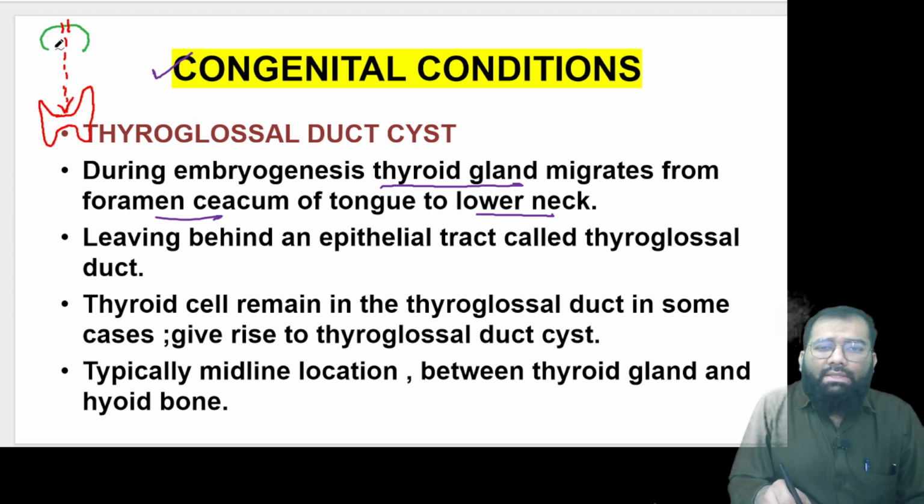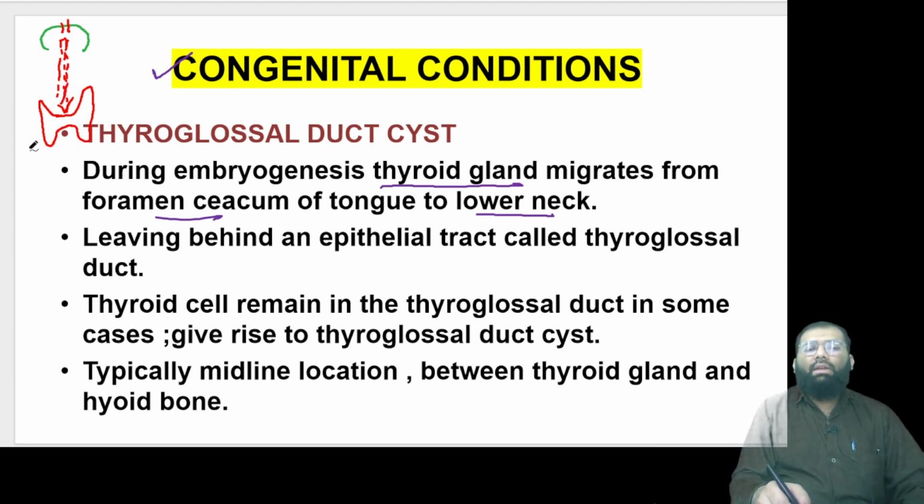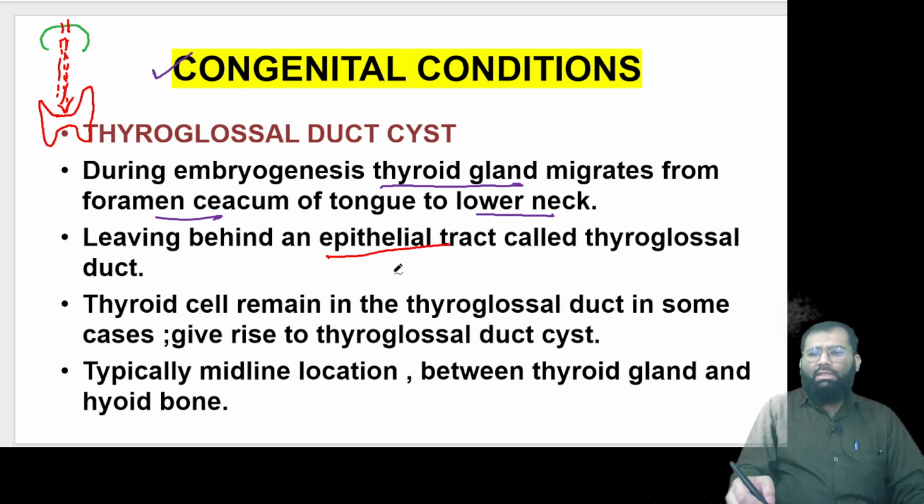Sometimes this canal through which the migration occurs, this is called thyroglossal duct. It might remain there, leaving behind an epithelial tract, and this tract is called thyroglossal duct.